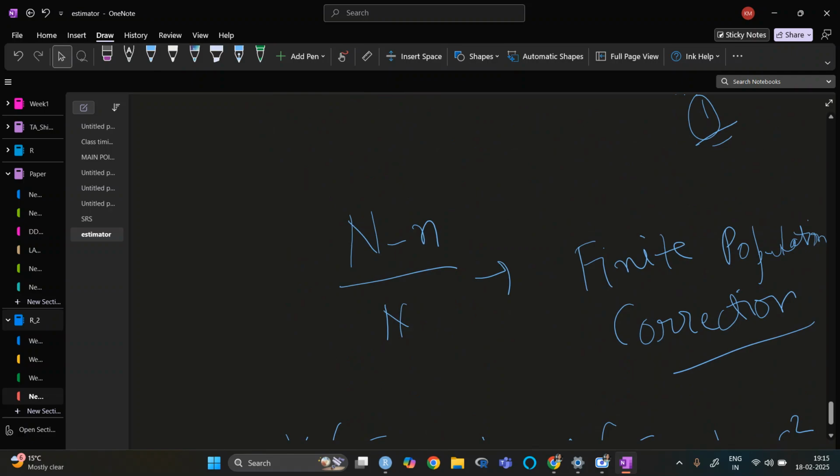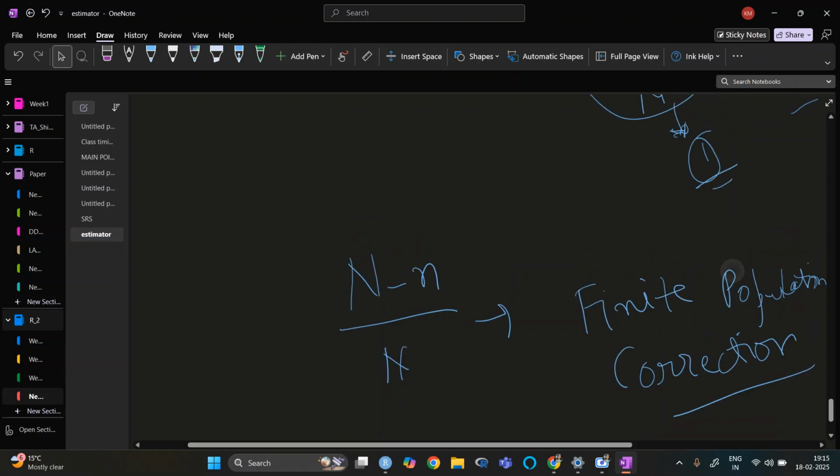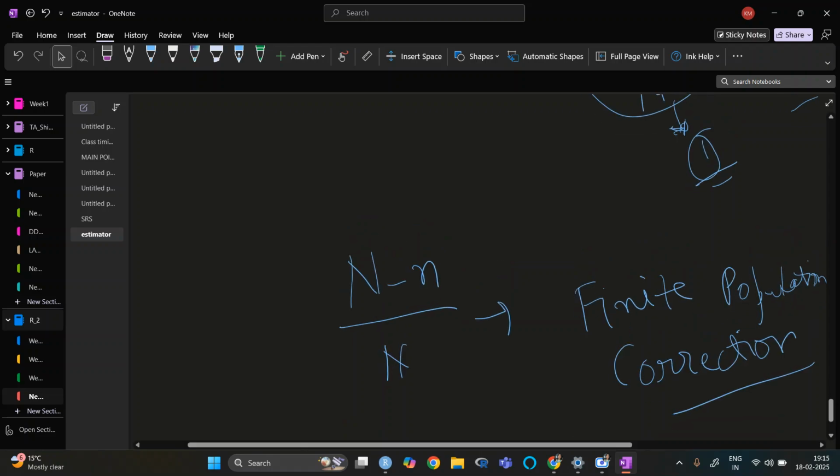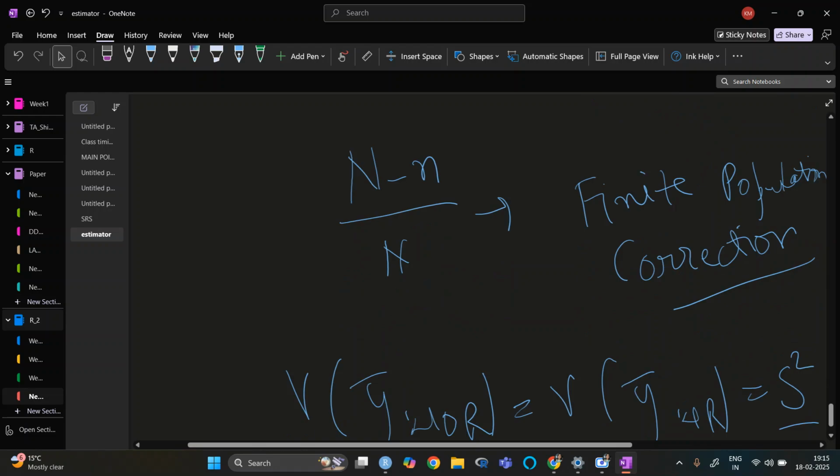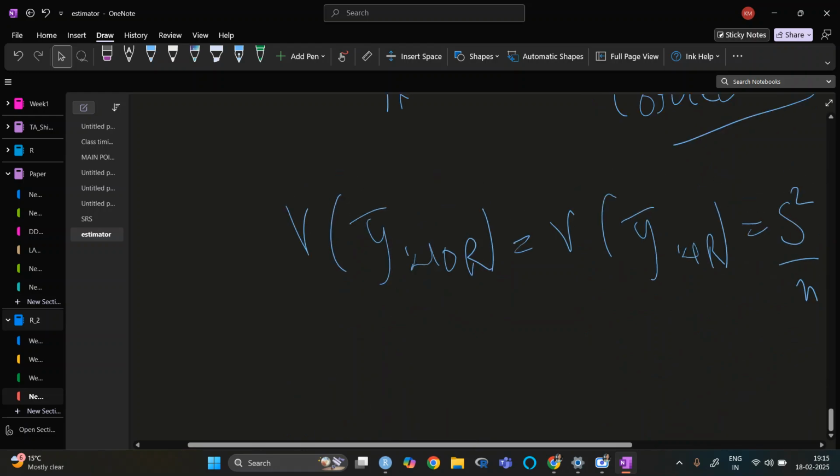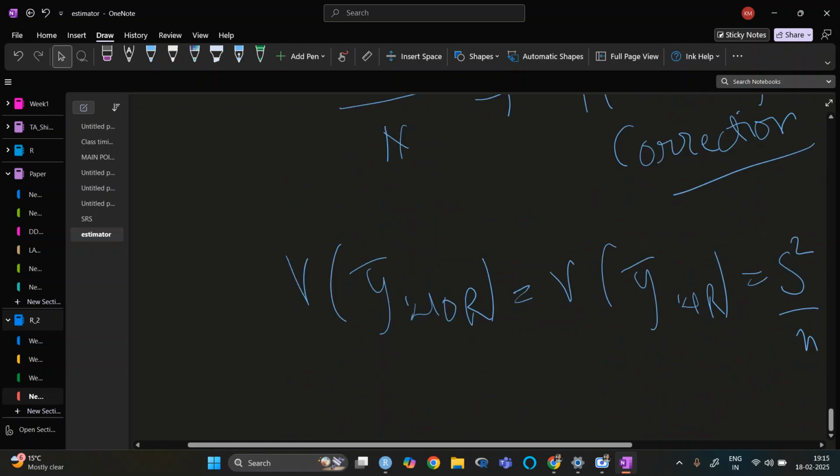In reality it is never infinite, but in the working process we take it as infinite. So if the population size is small, we need to multiply by this finite population correction. If not, then both types of samples will have the same variation.